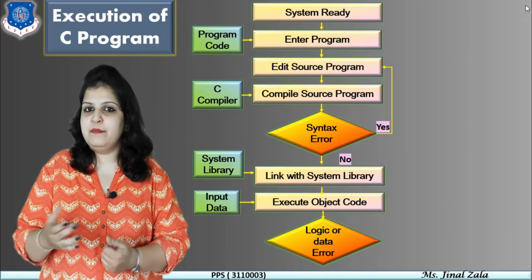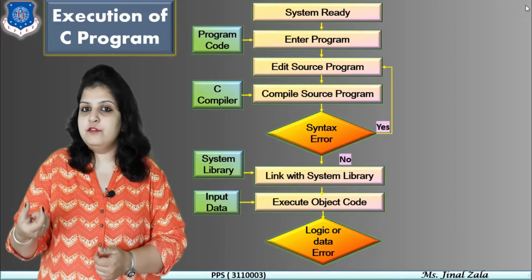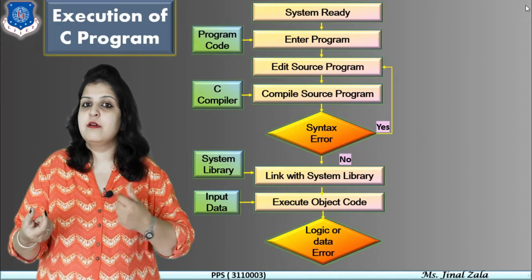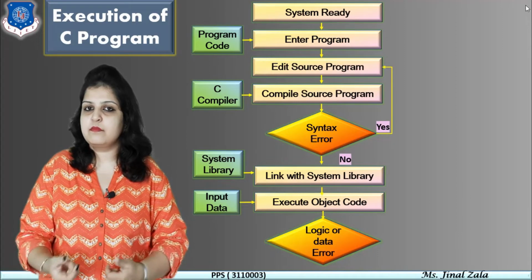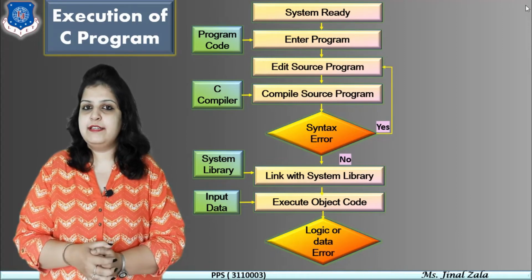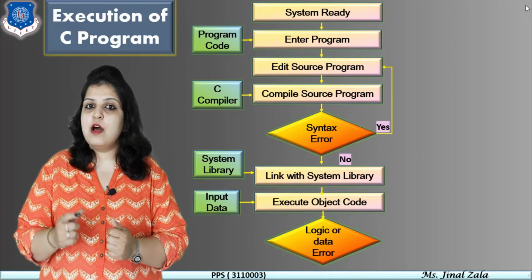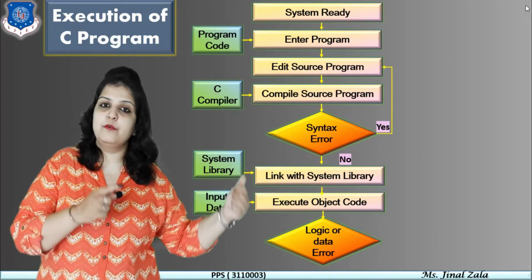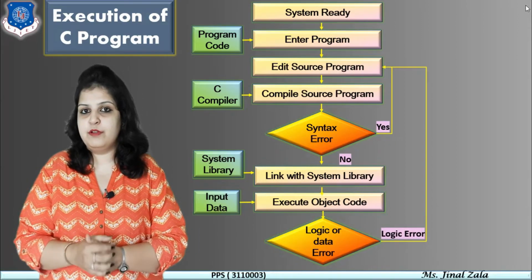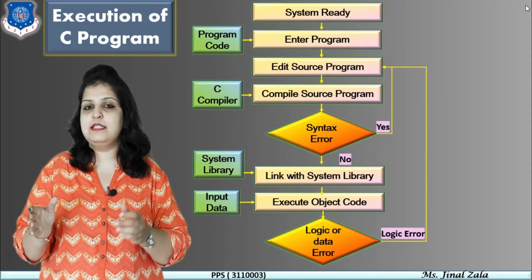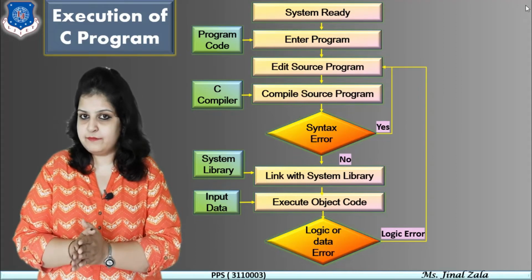Your output will be wrong because you had to do plus and you did minus instead. So when a logical error occurs, you have to go back to the program and edit it, and instead of minus simply put plus.